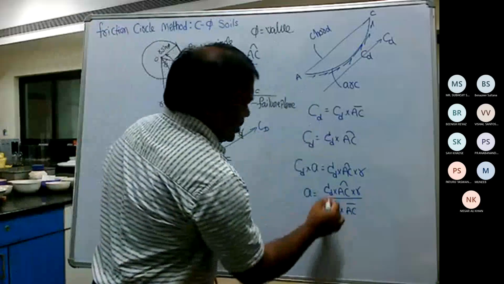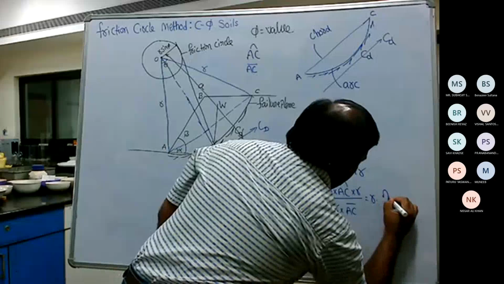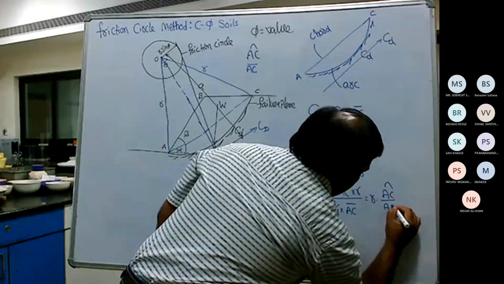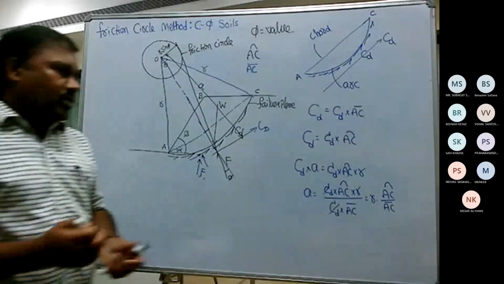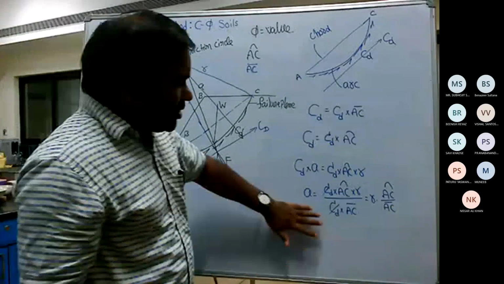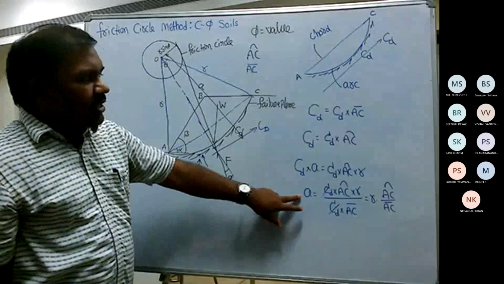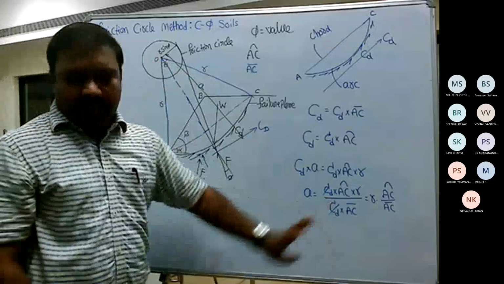These two will get cancelled out, so this is simply written as R into arc length divided by the chord length. This simplification is used to determine the resultant of CD acting from the center of the circle.